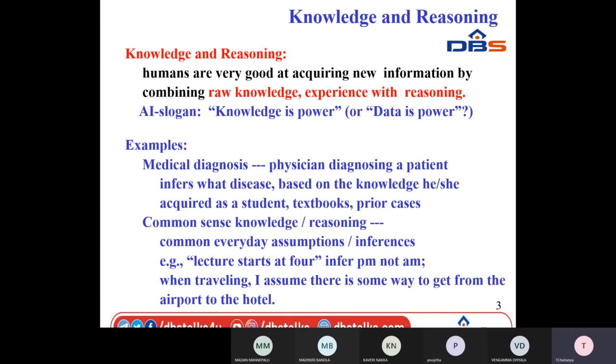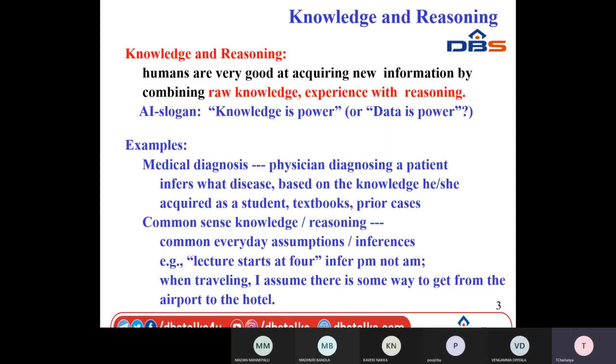These are the raw knowledge which helps him recognize a problem or a disease. That is an example of logical reasoning.